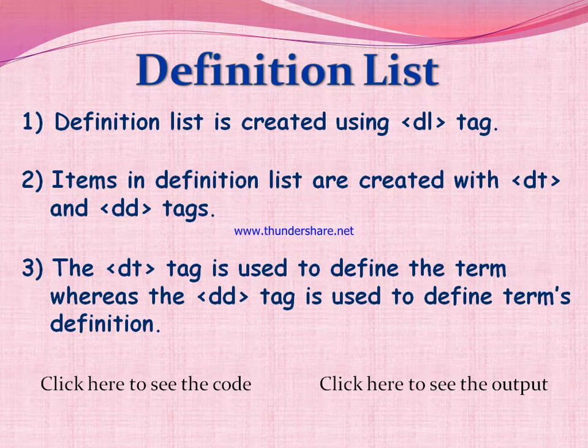Items in a definition list are created with DT and DD, that means data term and its definition, that is the term's definition. The DT tag is used to define the term, whereas the DD tag is used to define the term's definition. We will also see this by using one example.